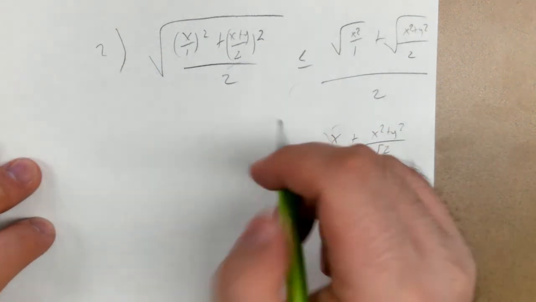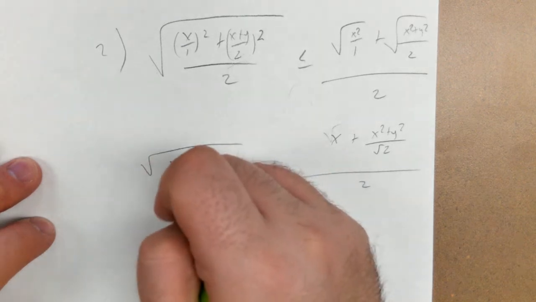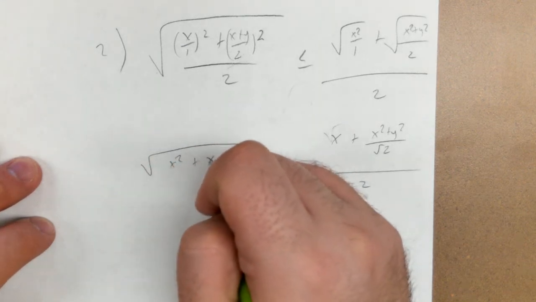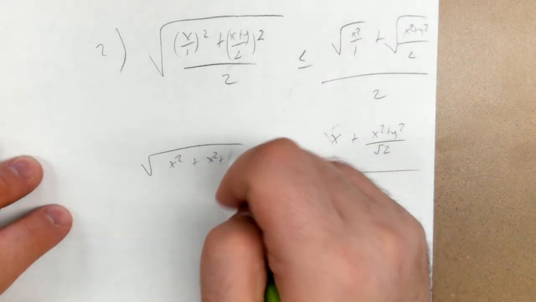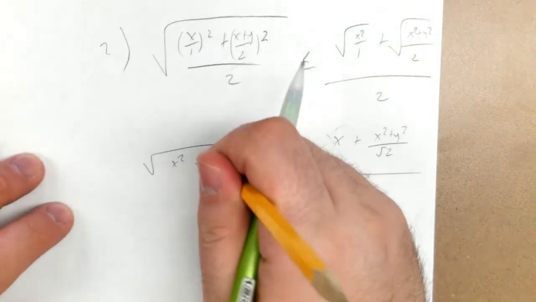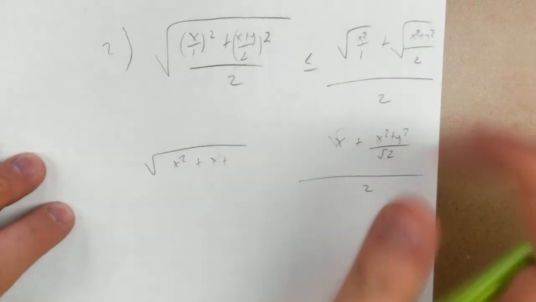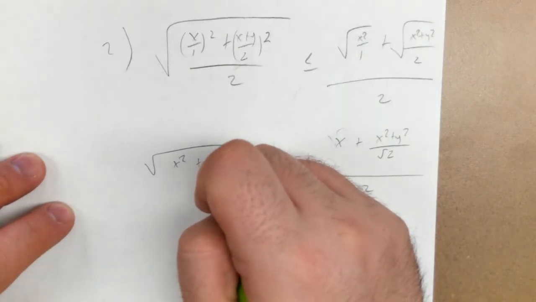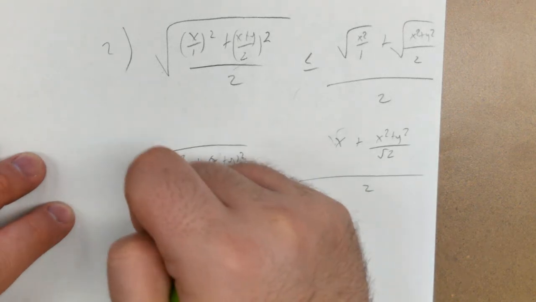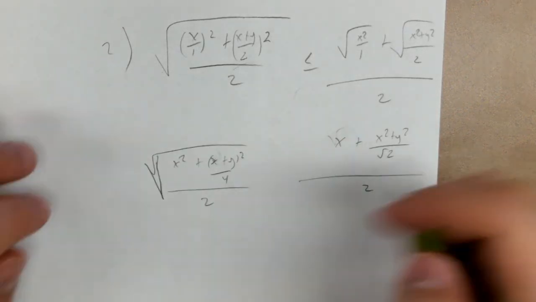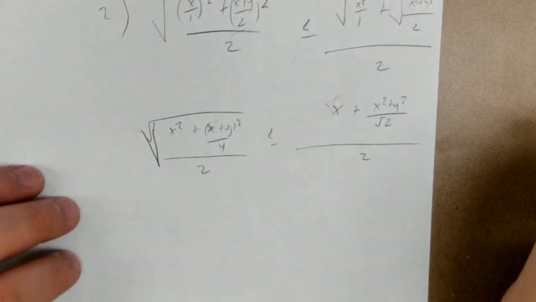This one over here is the square root, and then it's x squared plus, well, let's leave it factored for now, (x plus y) quantity squared, but over 4, and then you've got this 2 still inside the square root. Okay, so that was just simplifying.